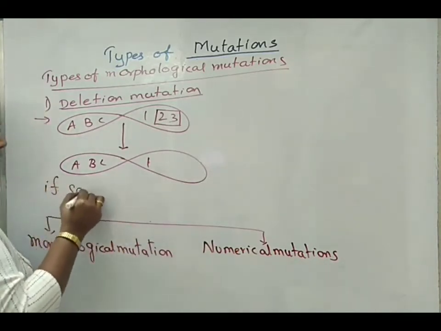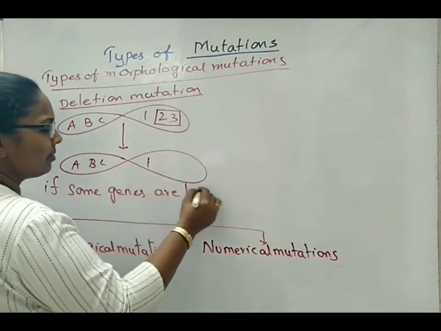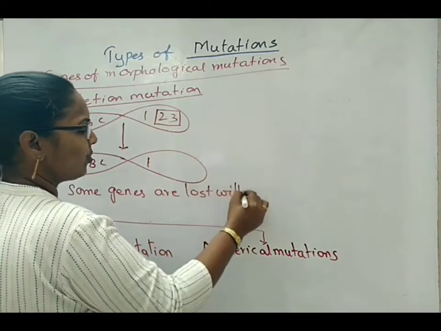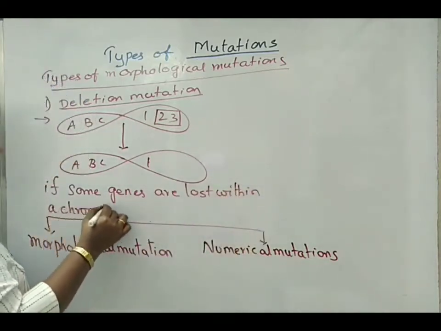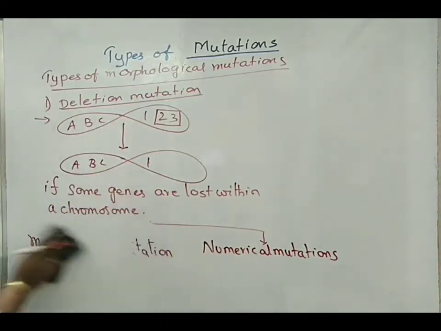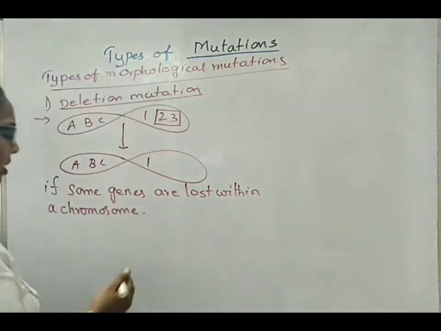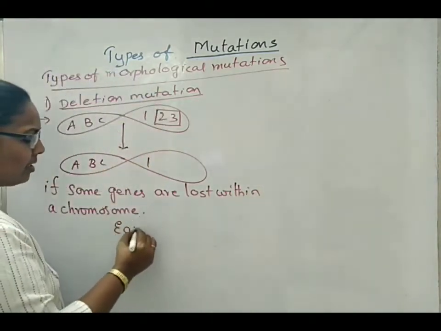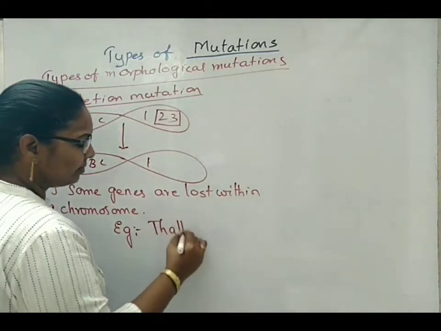If some genes are lost within a chromosome, then such a mutation is called deletion mutation. What type of disorder can be considered in such cases? Example we can take is thalassemia.